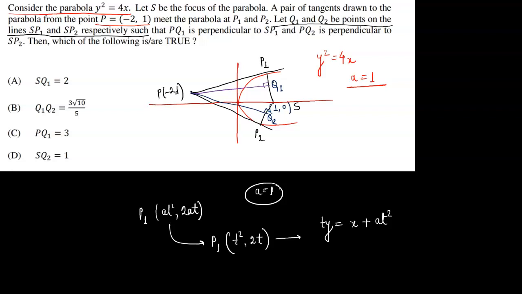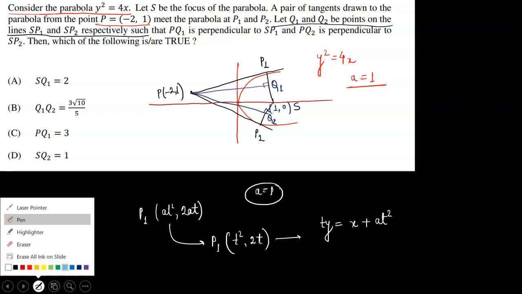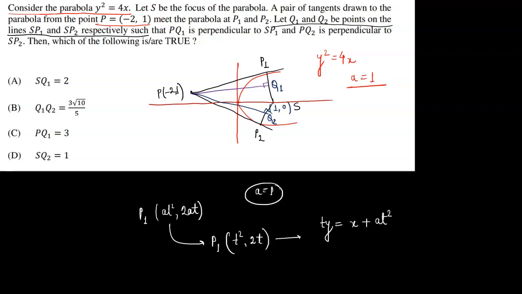So we can see that the point (-2, 1) lies on this line, so we will be putting (-2, 1) in this equation. After putting it, with a equal to 1, we will have t square minus t minus 2 is equal to 0.